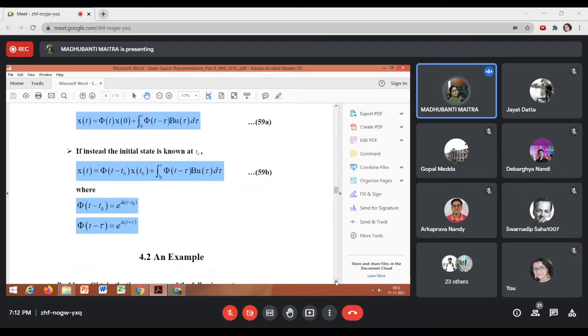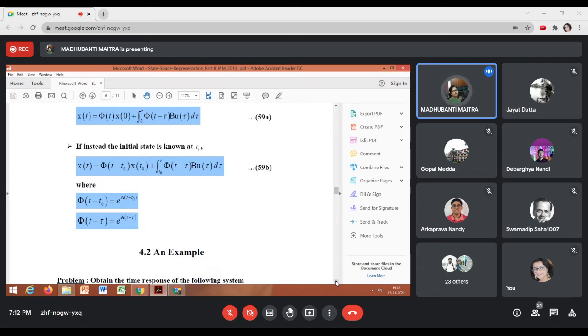And if the initial time is not 0 but instead t0, then x(t) will be equal to Φ(t-t0) x(t0), remember initially here we had the term e^(A(t-t0)), so that has been substituted by Φ(t-t0) x(t0), plus the integral from t0 to t of Φ(t-τ) B u(τ) dτ.